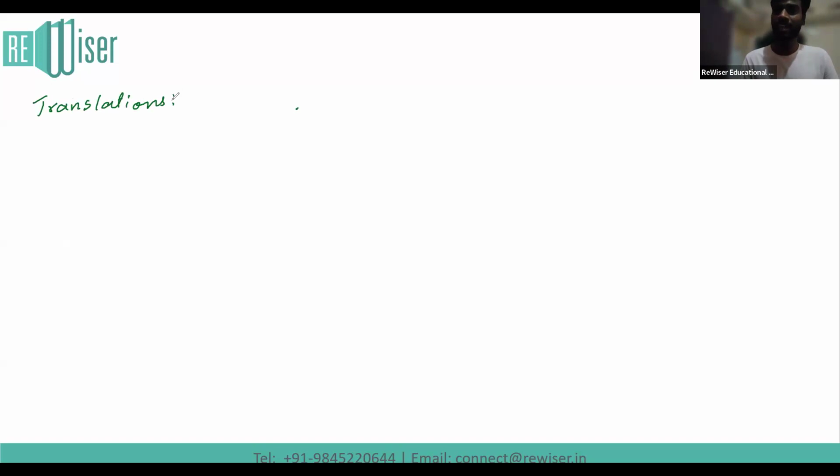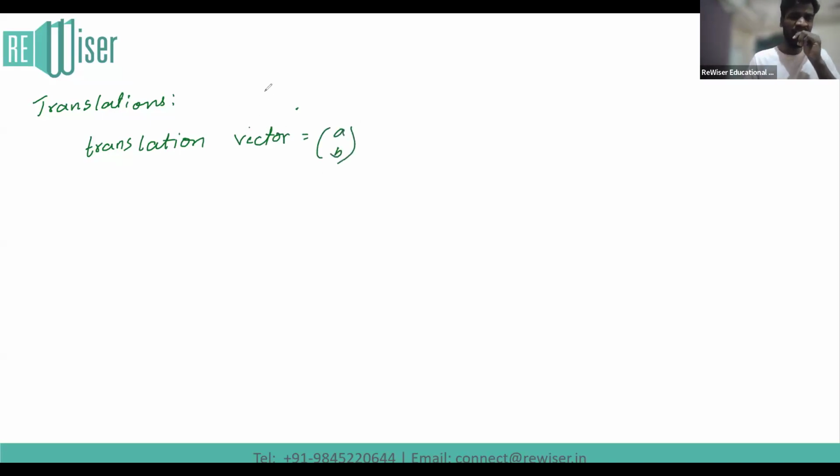The translation happens based on the translation vector, which defines how many units the shape has to be moved to the right or left. AB is the translation vector here.